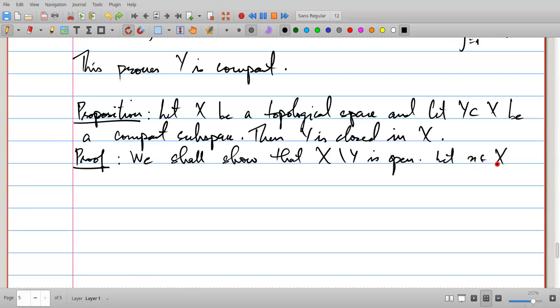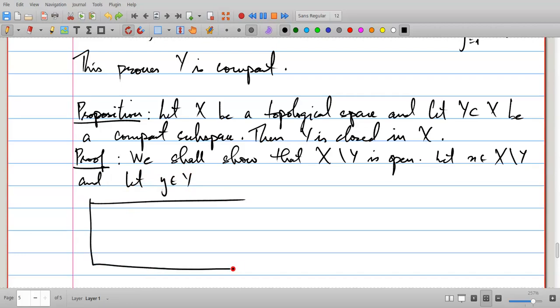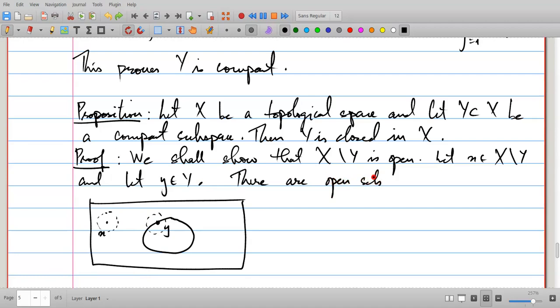So let x be in X minus Y and let y be in Y. Because now we are assuming that all our spaces are Hausdorff, so X is Hausdorff, so there are open sets Ux containing x and Vy containing y, so X is fixed, such that Uy intersection Vy is empty.